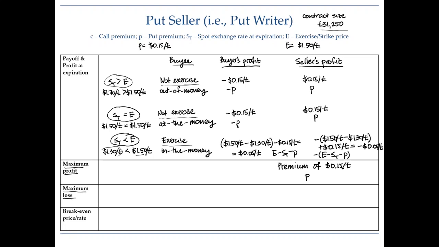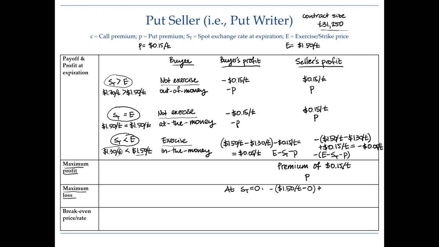Well, the maximum possible loss is when the future spot rate happens to be as low as possible. So theoretically, that's at the future spot rate of 0. So if that were the case, the seller will be selling pounds for $1.50 by exercising this contract when pounds will be worth essentially nothing. So that's the payoff, positive payoff for this buyer, and when we put negative in front of it, that's the amount of loss for the seller.